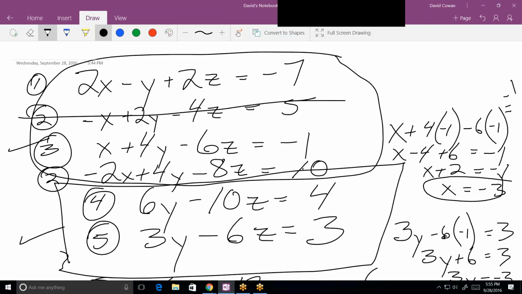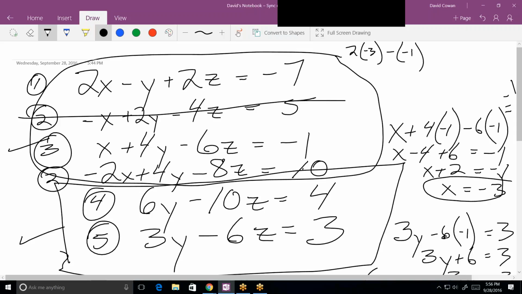And then you could just plug that in to make sure. If you're checking to make sure that those are the correct answers, then you can use any equation you're looking at on the page. Let's try equation 1. Since we didn't use that to solve for anything, well, does that work? 2 times minus 3, which is what we got for x, minus a minus 1.